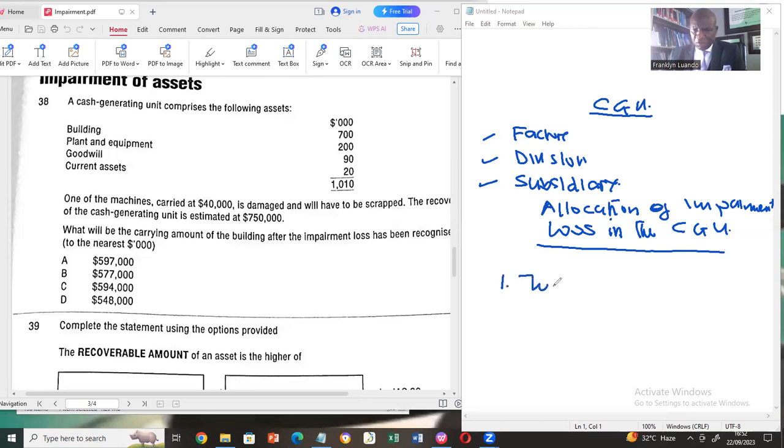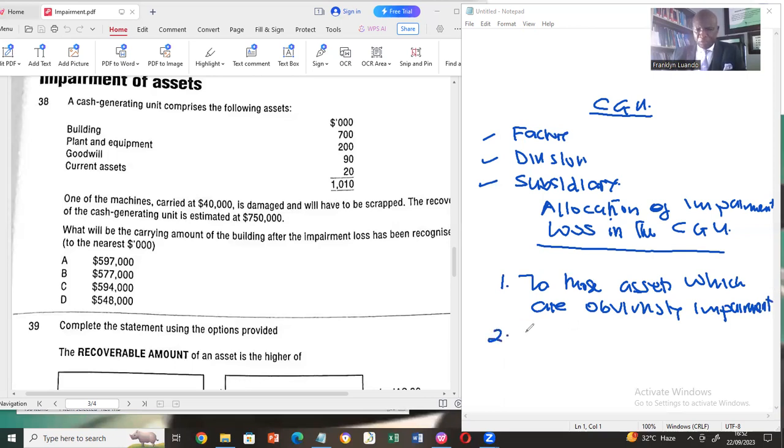One, to those assets which are obviously impaired. Number two, allocation will be to goodwill.